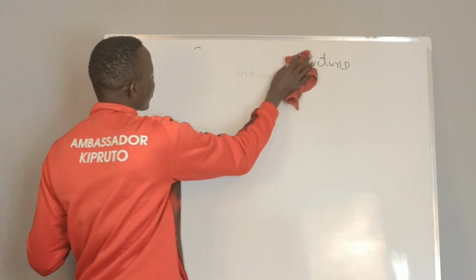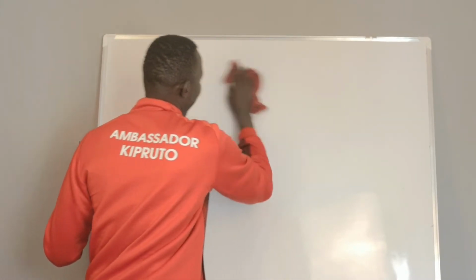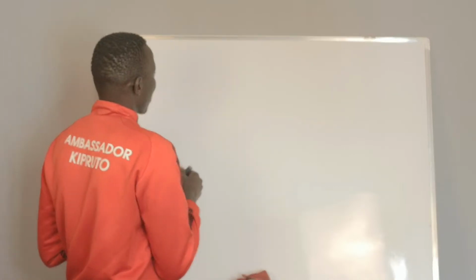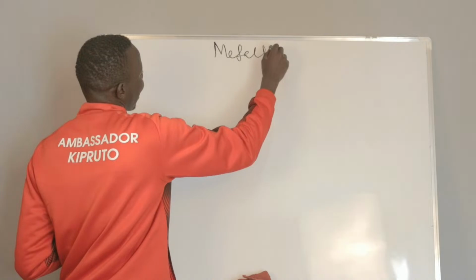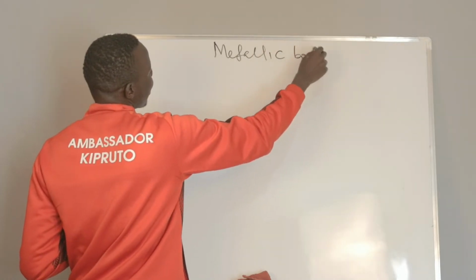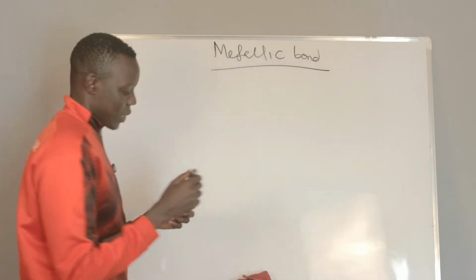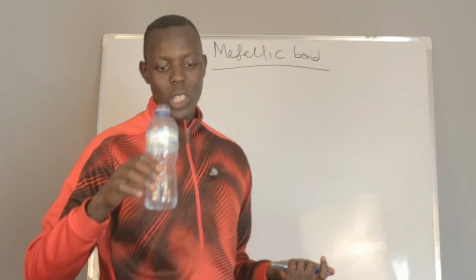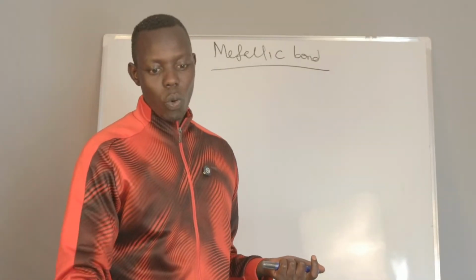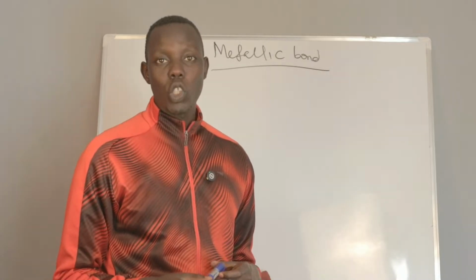Now, I want us to get into something else called metallic bonding. And here there is something many people confuse about metallic bonding. Now, this one is not experienced in compounds. It is only experienced in metals because of what we call electrostatic force of attraction.